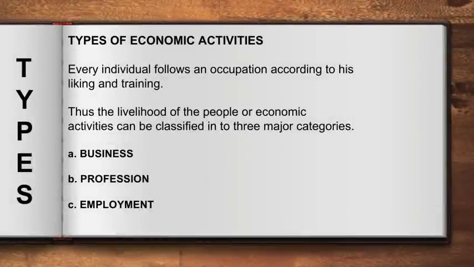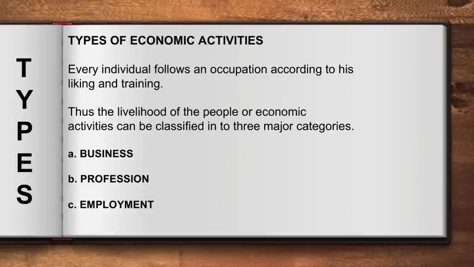Now we go on to today's topic, which is types of economic activities. So, economic activities, as I told you earlier, they have something to do with money. They are done in order to earn a profit. Every individual follows an occupation according to his liking and training.